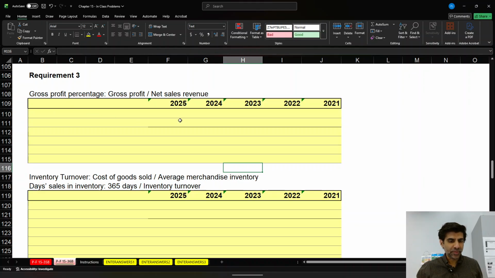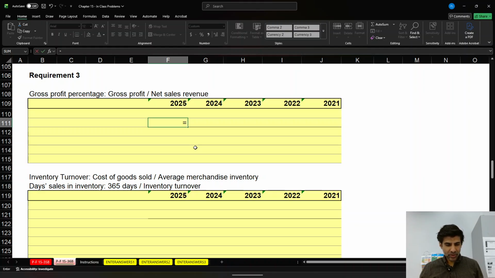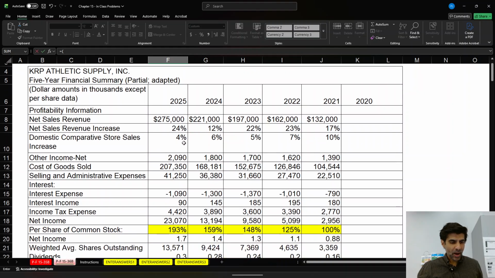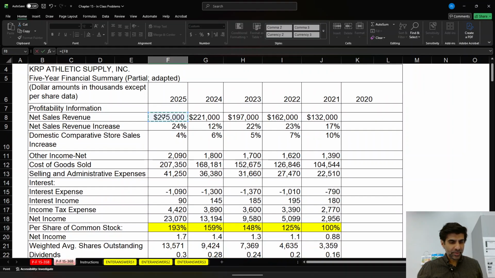Okay, so gross profit percentage. The gross profit is equal to, if you look up here, our net sales revenue minus what to get gross profit? What is the definition of gross profit? Minus the cost of goods sold, exactly. So I just calculated the gross profit, and that's divided by net sales revenue.